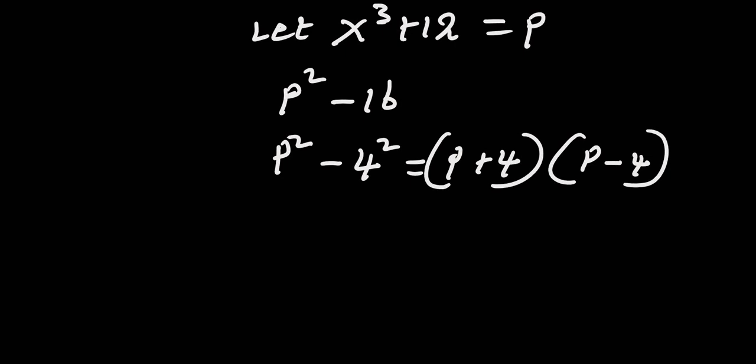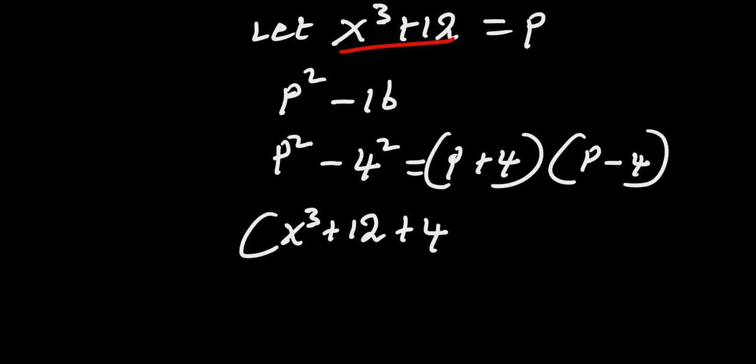Good. So remember that p is assigned to this, so we can now substitute x cubed plus 12 into the content of the parentheses, and this will become x cubed plus 12 plus 4, and x cubed plus 12 negative 4.